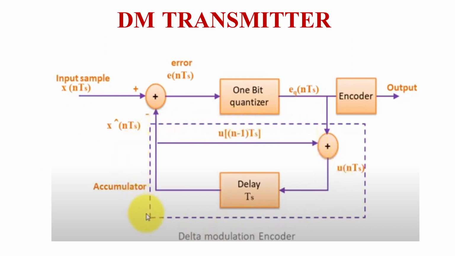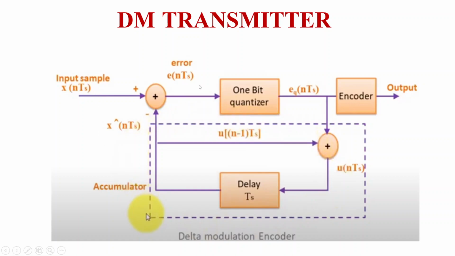So this is the DM transmitter. Here is the input sample signal x of nTs, and x cap of nTs is its approximated value, which we get from the feedback circuit. The feedback circuit has one delay element with delay time Ts seconds, and the accumulator supplies the approximated value of the input signal. The adder adds the two signals and produces an error e of nTs, which is equal to x of nTs minus x cap of nTs.